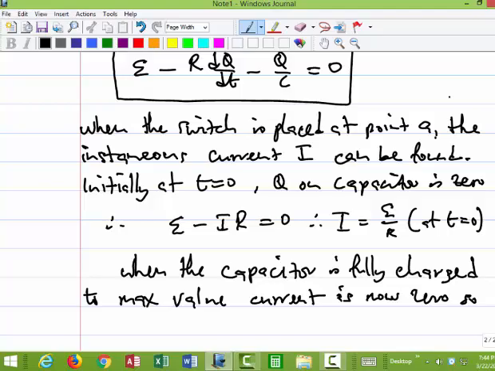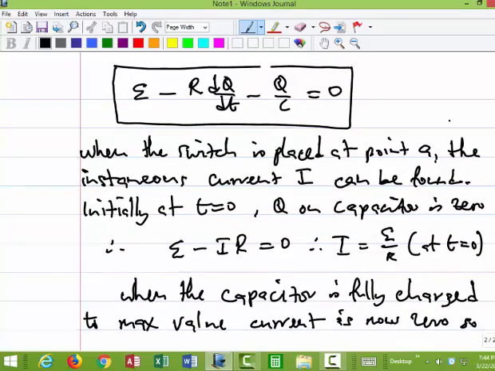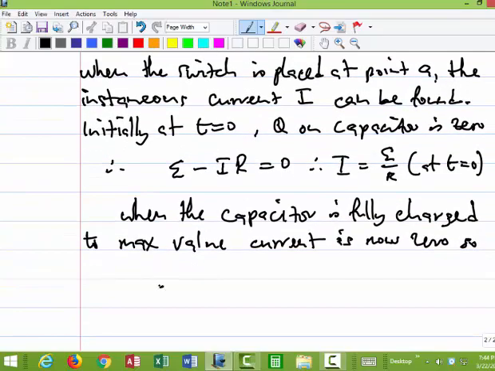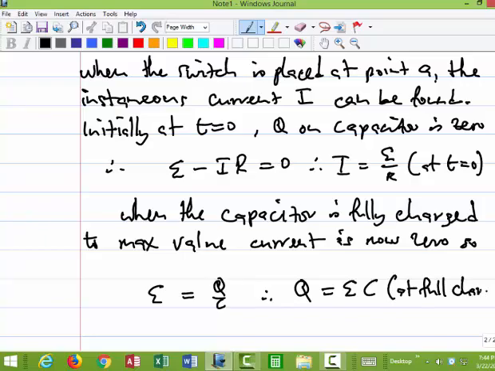So we'll say that since the current is 0, then E is equal to Q over C. Therefore, the charge Q is equal to EC at full charge. So the capacitor is fully charged. Okay.